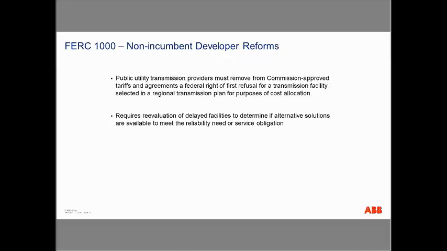I believe the individual states can still have this right of first refusal in their laws and regulations. It also requires reevaluation for facilities that have been delayed to determine if there's a better solution, meaning a more economic or more available solution for reliability needs and service obligations.